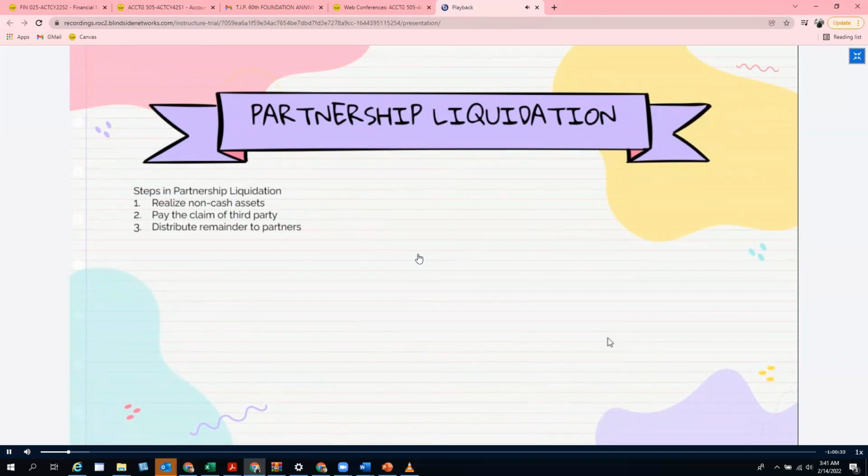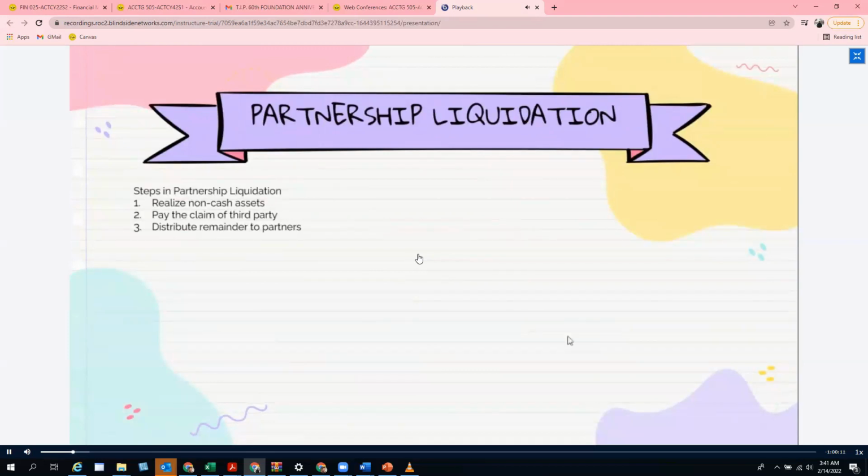Remember, when we're doing partnership liquidation, we prioritize the claims of third parties, because there will be times when the partnership has a debt to a partner.